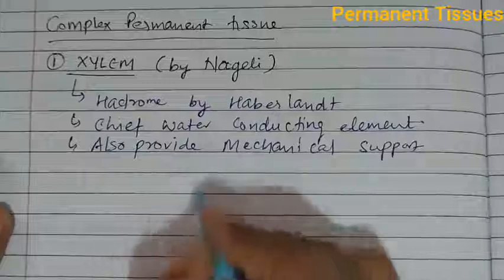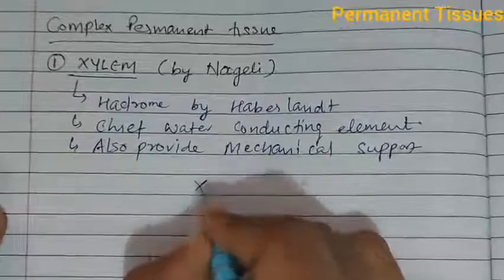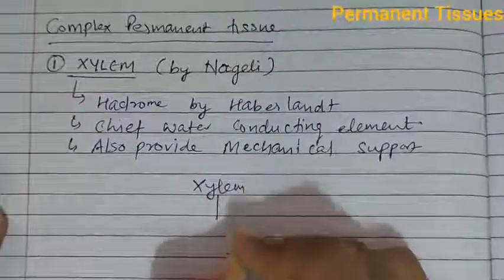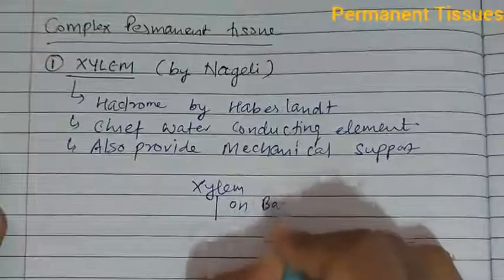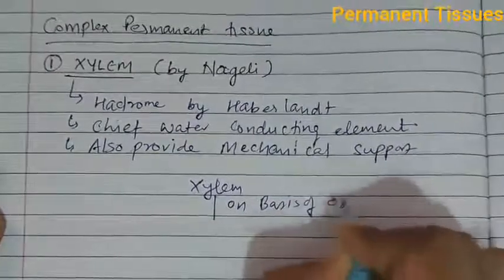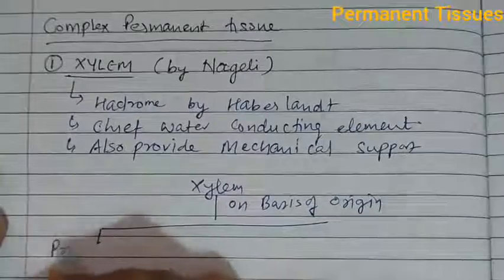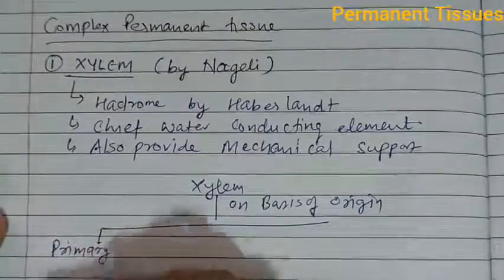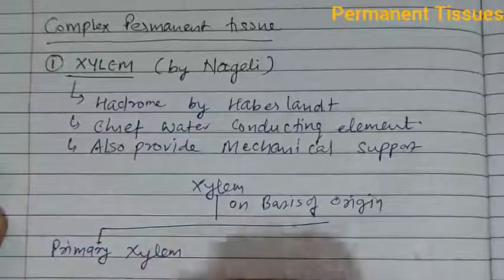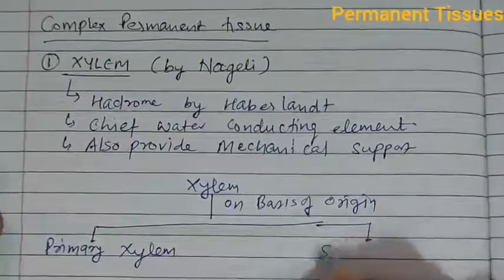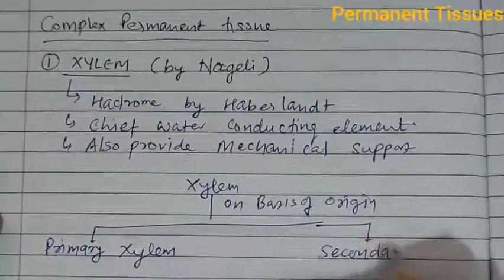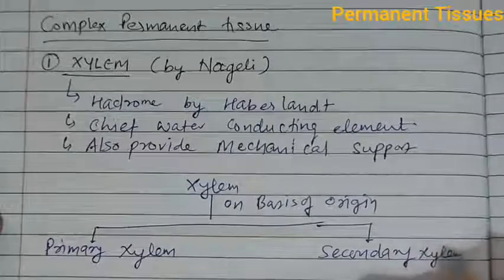Now on the basis of origin, xylem is of two types, that is primary xylem and secondary xylem.